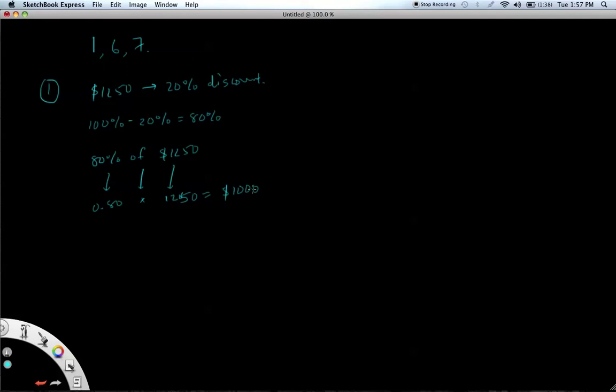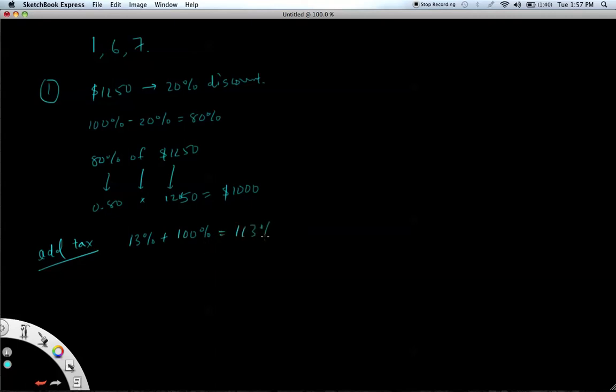Okay. The next part says, including tax, how much do they travel for? So what happens is they actually have to pay tax. So I'm going to put add tax. So tax is 13%. Okay, and now that's added to the total price they're paying. So the total price they're paying is 100%, and tax is an extra 13%.